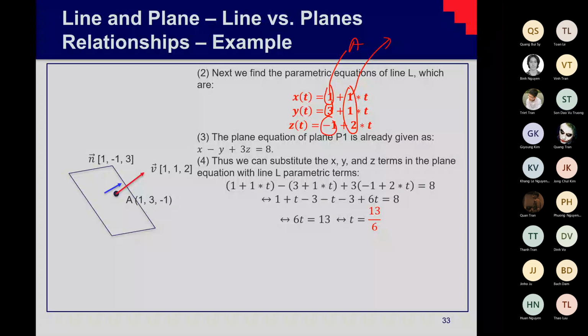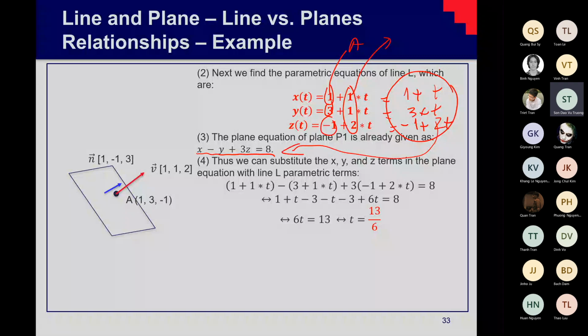And we can simplify it somehow. So this means 1 plus t, 3 plus t, and -1 plus 2t. And we already know the plane equation for the plane P1 is x minus y plus 3z equals 8. So we can substitute the line equations into this equation.